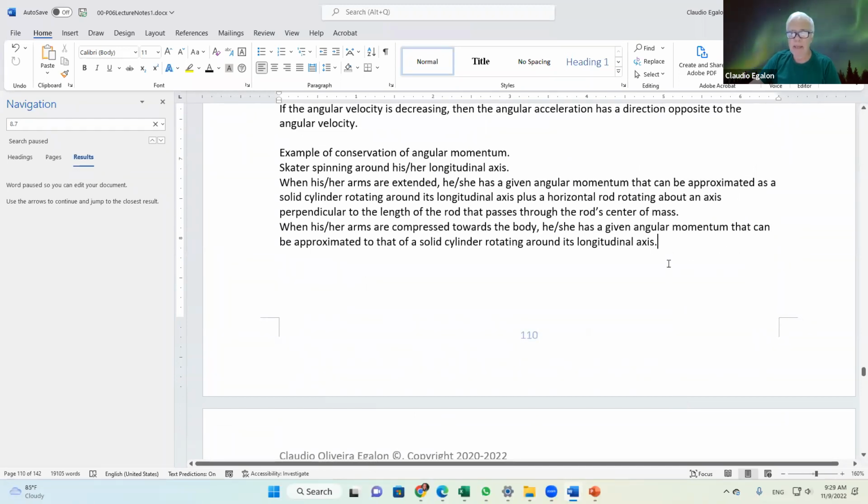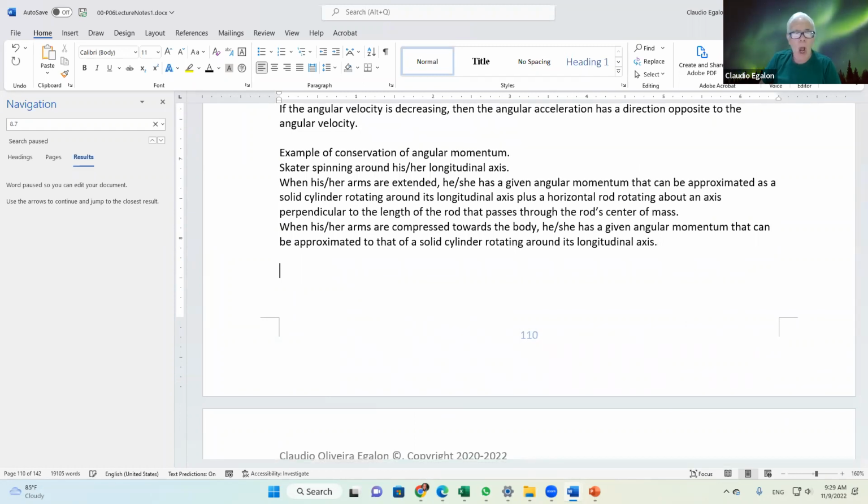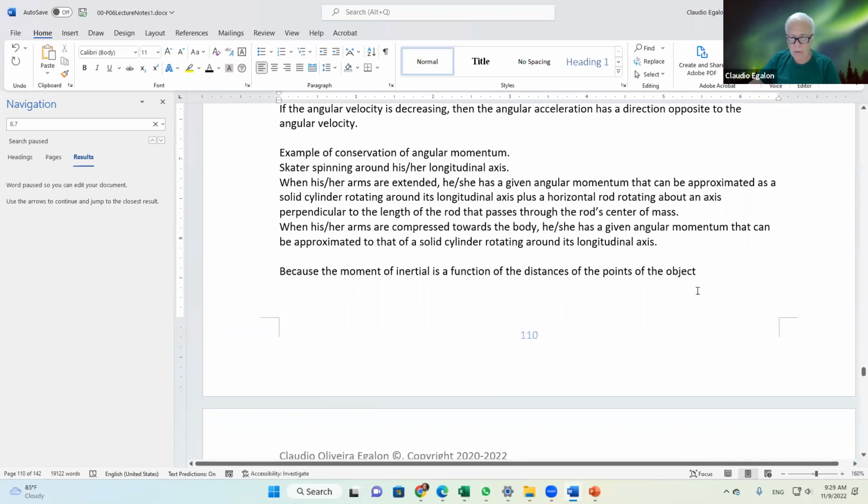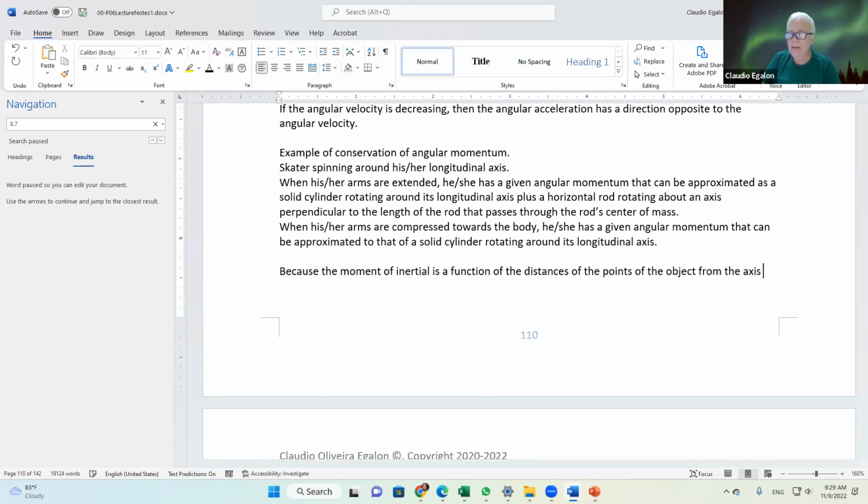Now there is one more thing here that's interesting. I'm going to tell you, okay? Because the moment of inertia is a function of the distances of the points of the object from the axis of rotation.